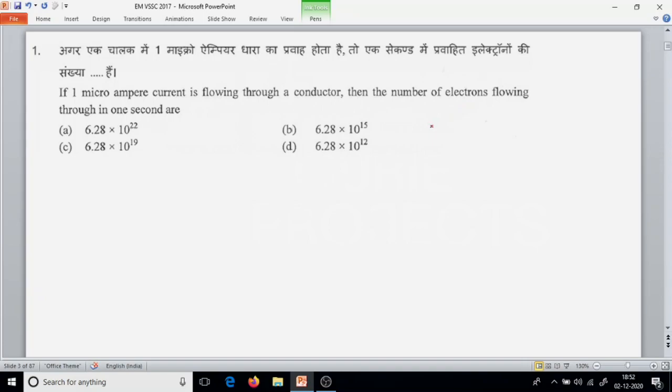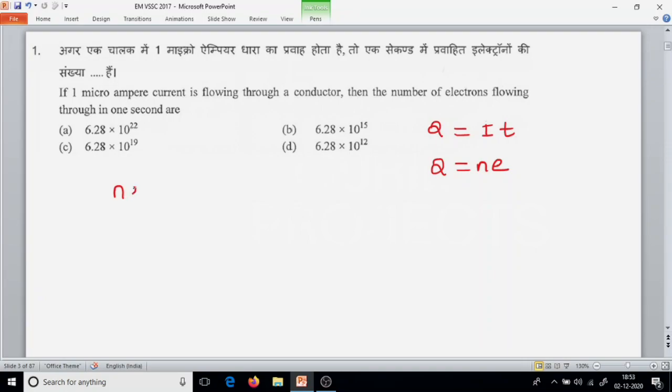Now, what is Q? Q equal to I into T. We have one more equation. What is Q? Q equal to number of electrons multiplied by the charge of electron. So we have these two equations. Using these two, we can calculate it.